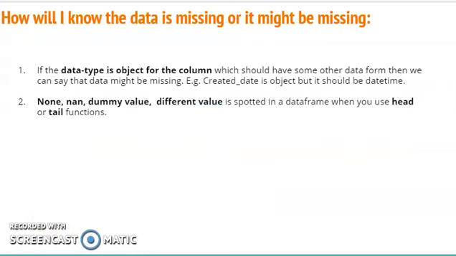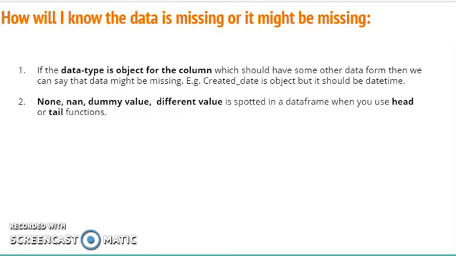Now the next slide. How will I know the data is missing or it might be missing? Now you have the data set. You just have to get an intuition by looking at the data set whether it will contain missing values or not. If the data type for a column is object, you can say that that column may contain missing data.